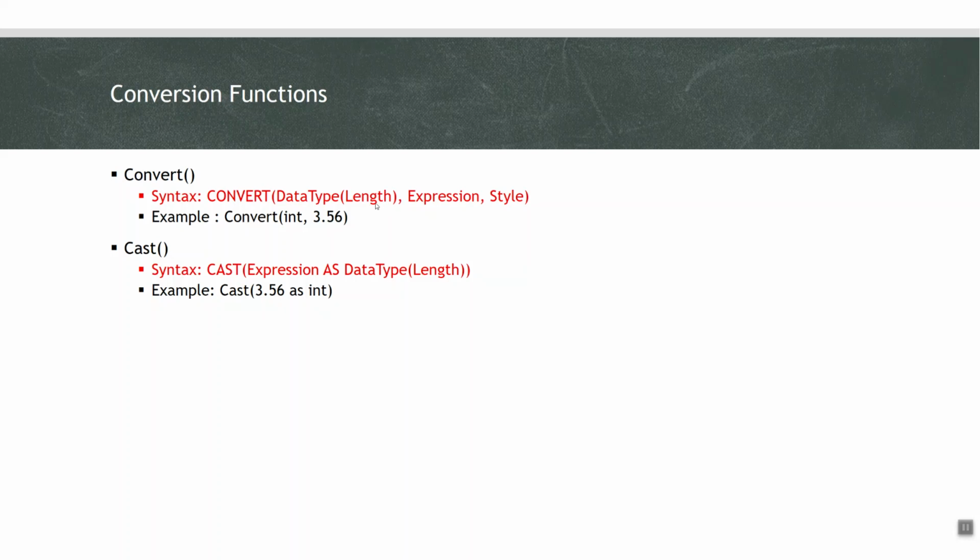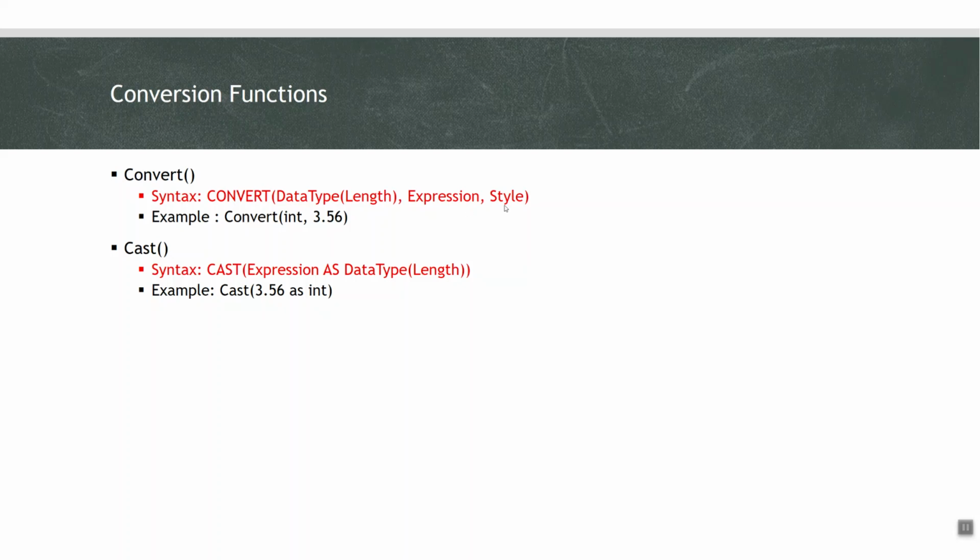For the other types it's optional. The expression is also mandatory because it is the value, like 3.56 shown here, that is to be converted to the data type.